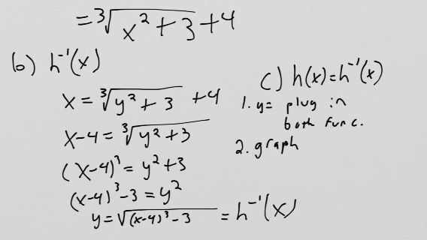You may have to adjust your window. I think for this one it's best to have y equals negative 10 to 10 and x equals negative 10 to 10. Then hit second, trace, which gives you the calc button, and from there hit intersection.